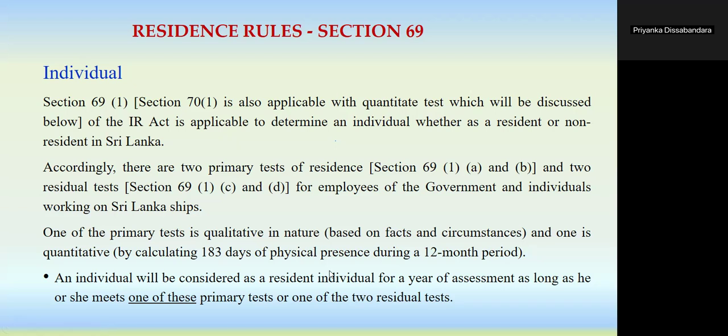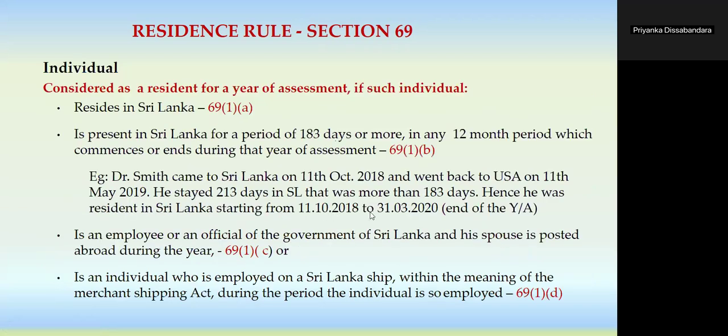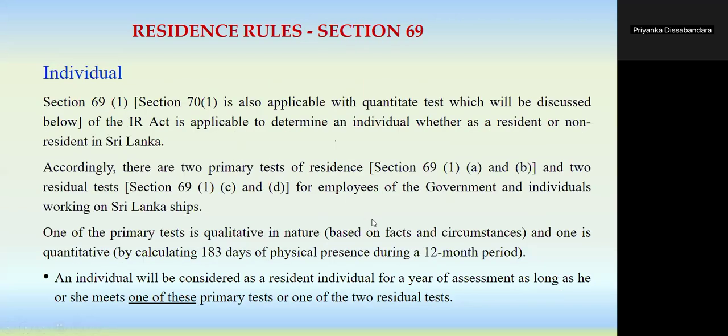One is qualitative and the next one is quantitative. Qualitative means the residency is determined based on the facts. Quantitative means residency is determined based on the number of days they are physically present during the 12 months period.